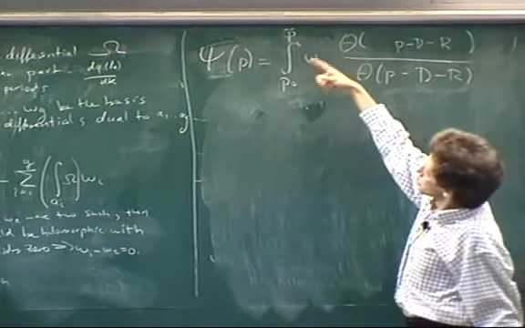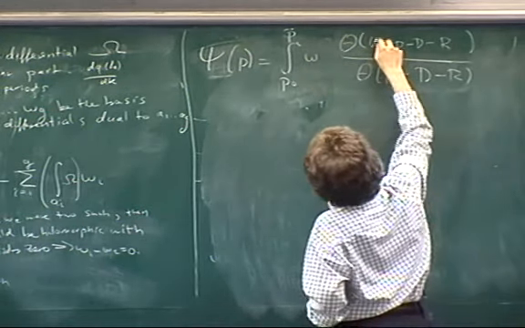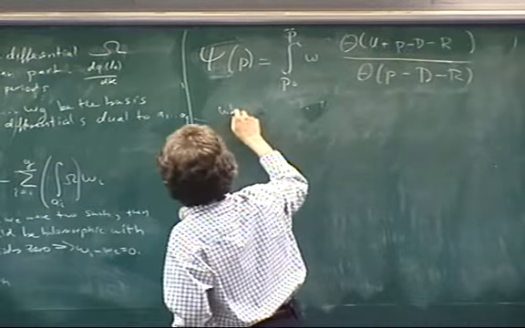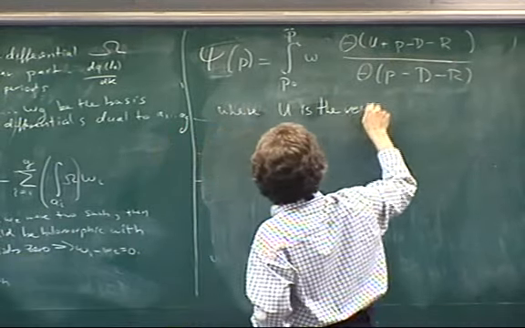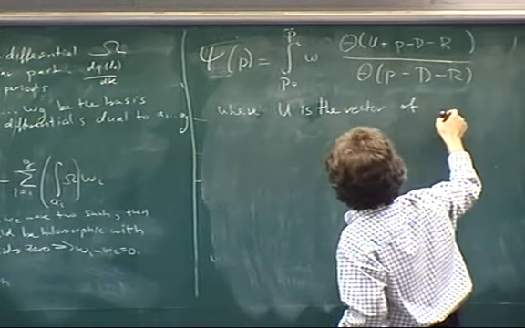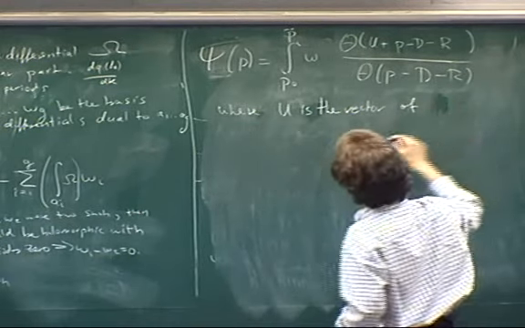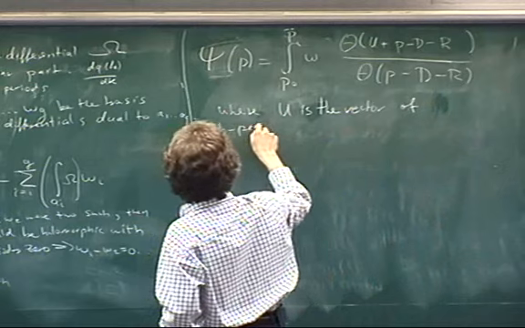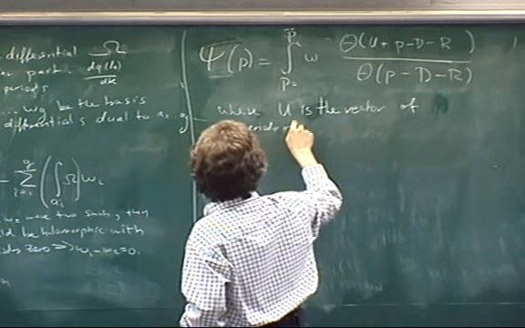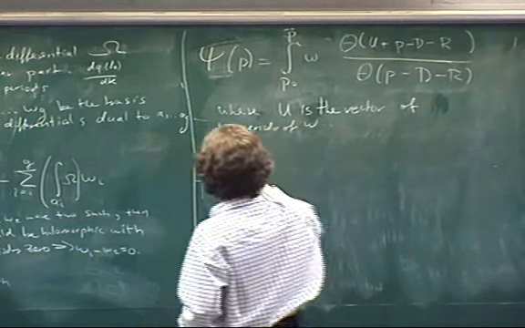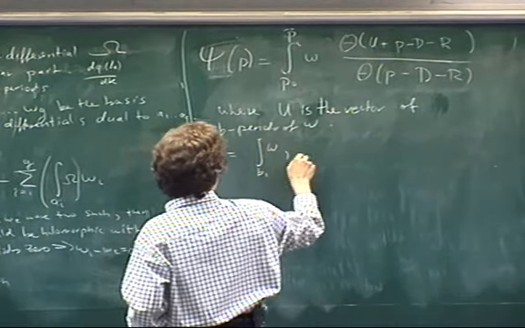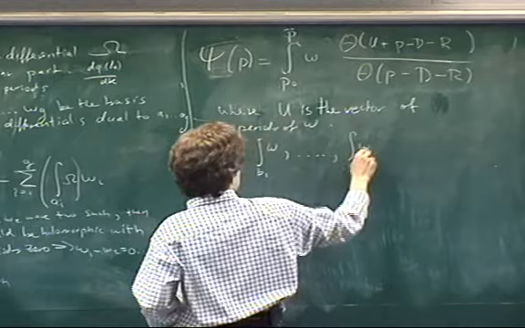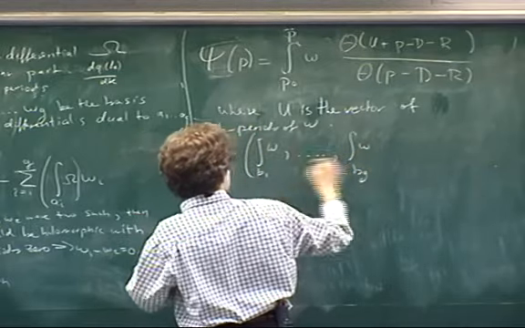But I also have some ambiguity from here, so I'll have to add u, where u is the vector of b periods of omega. So this is to say u is equal to the integral of omega over b1, up to the integral of omega over bg.